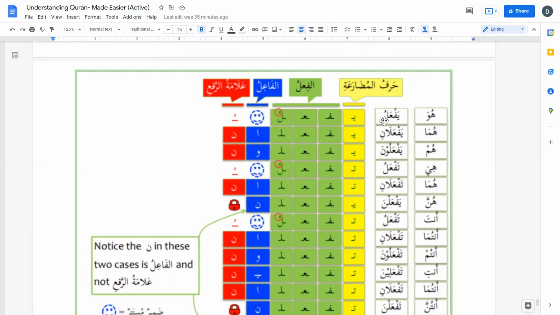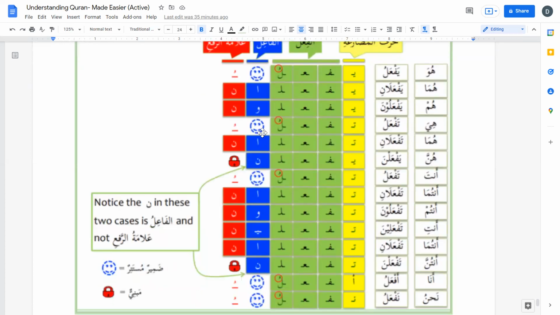So yaf'alu has a hidden fa'il, a hidden doer, and that is estimated to be huwa. And here again it has a hidden fa'il estimated to be 'she'. Again, then anta. Remember all these: huwa, hiya, anta, ana, and nahnu.